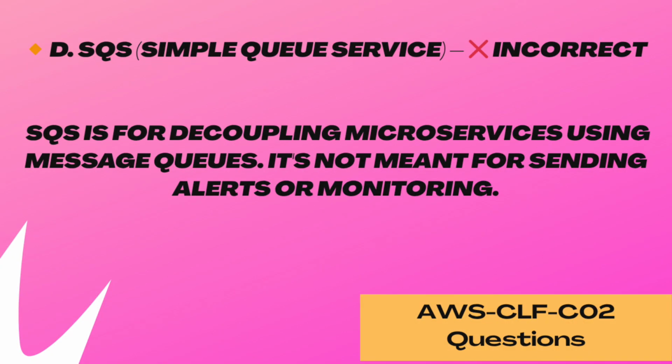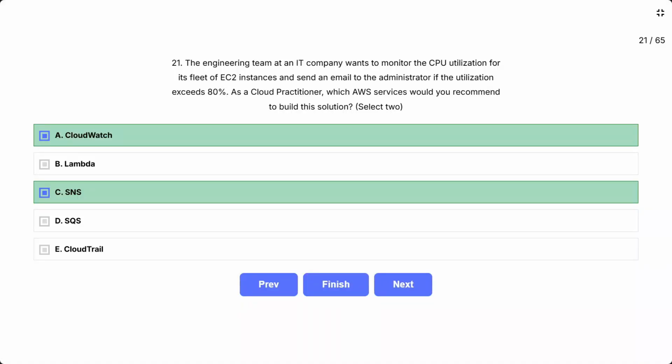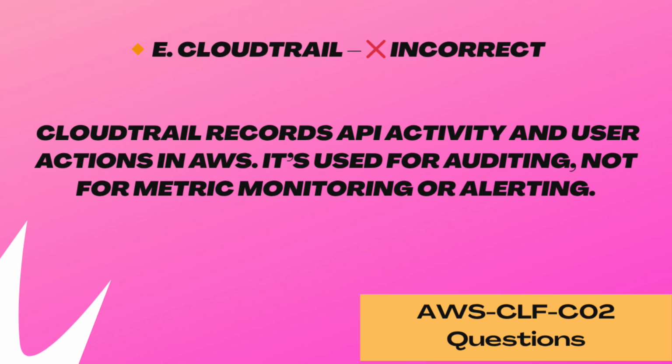SQS is for decoupling microservices using message queues. It's not meant for sending alerts or monitoring. Then the last option we have CloudTrail. CloudTrail records API activity and user actions in AWS. It's used for auditing, not for metric monitoring or alerting.